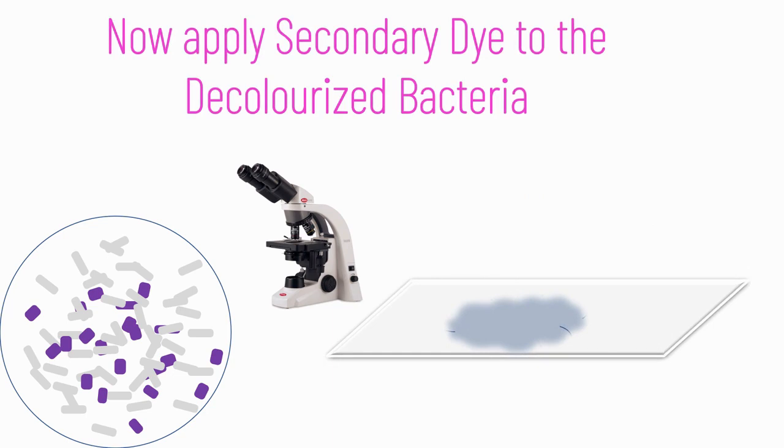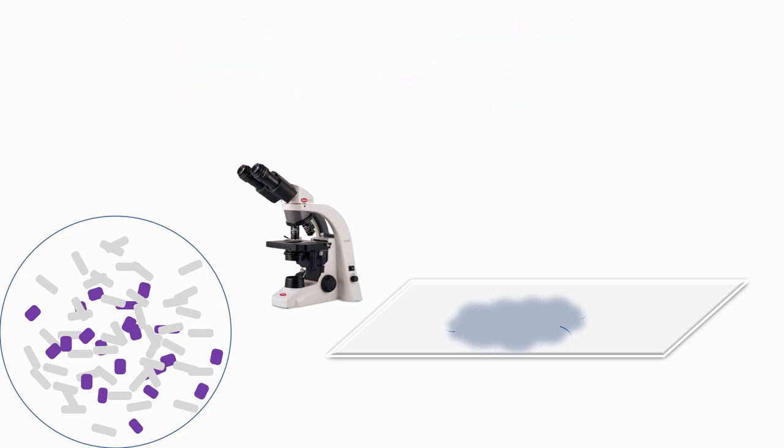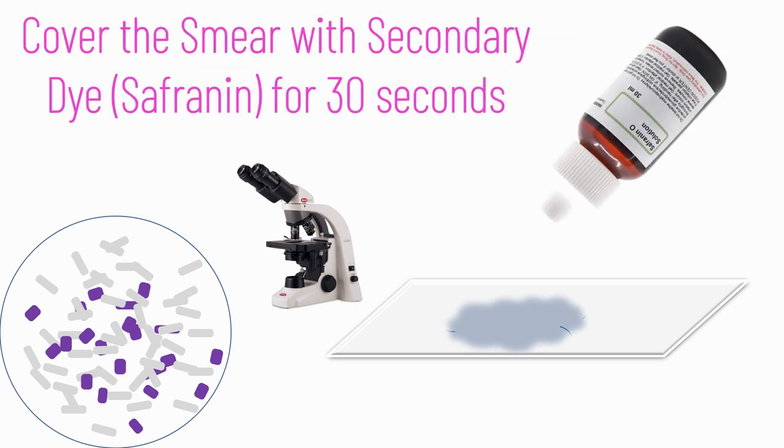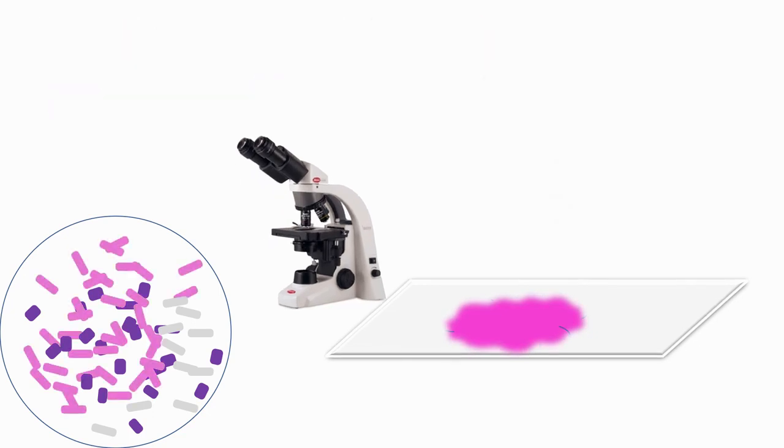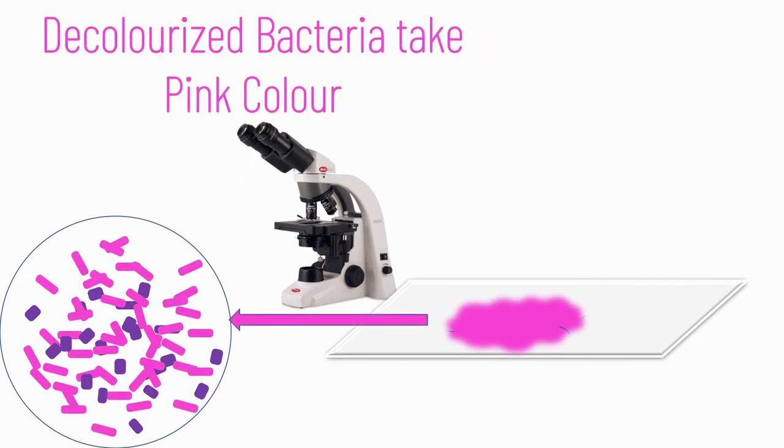The decolorized bacteria will not be visible under the microscope, so we add a secondary contrasting dye. The dye used is either safranin or dilute carbol fuchsin. We allow the dye to stand for 30 seconds. You can see that the decolorized bacteria have now taken up the pink color of the secondary dye.